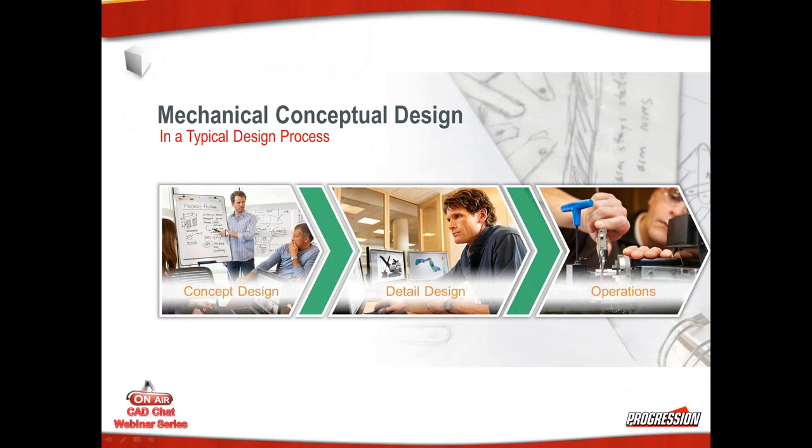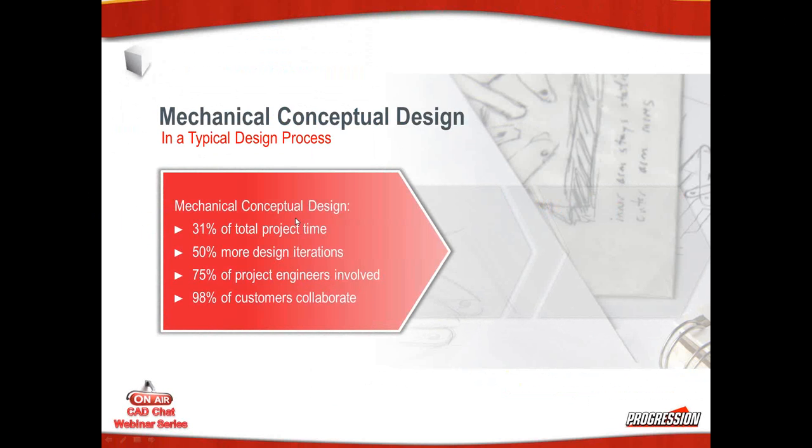What we see in the realm of mechanical conceptual design is that the conceptual process typically has 31% of the total project time spent on it. Again, this is a lot of time spent in the early stages, be it on napkins, dry boards, and maybe conceptual 2D sketches.